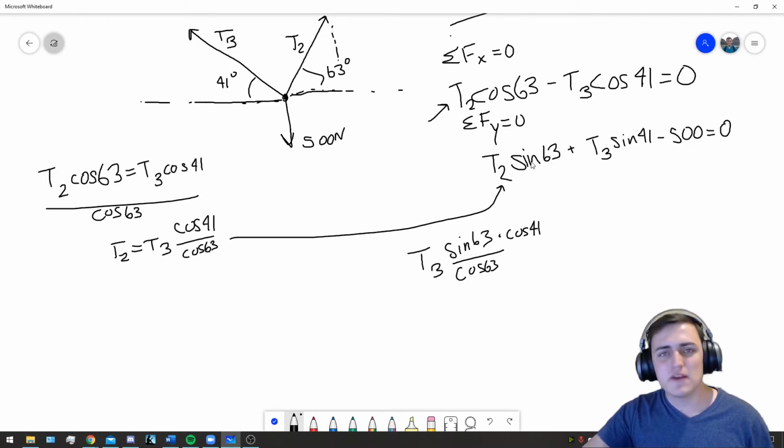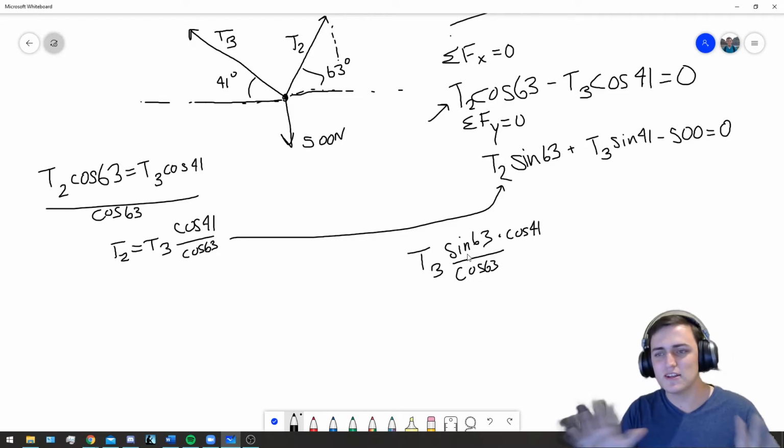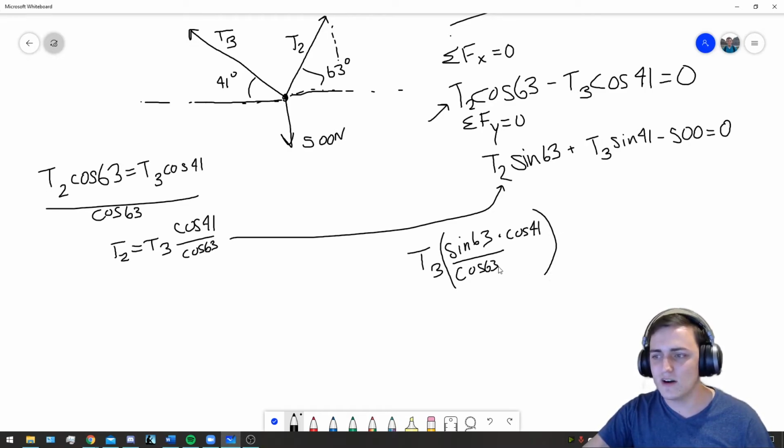Sine 63 remains in the numerator. Cosine 41 is in the numerator. And we have the division by cosine 63, keeping in mind that multiplication is commutative, or you can move things around however you want. And for us, we're going to want to get this constant out here by itself and separate T3 a little bit. Right? And we have T3 times sine of 41.